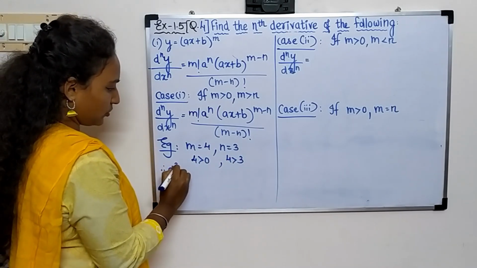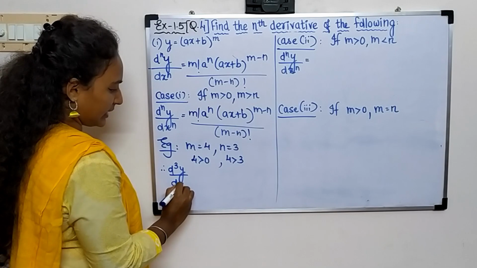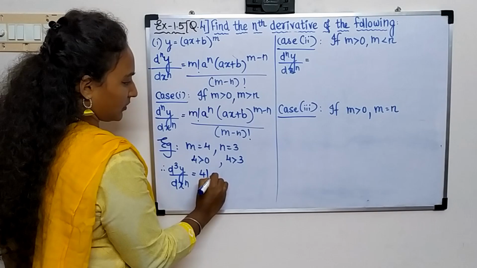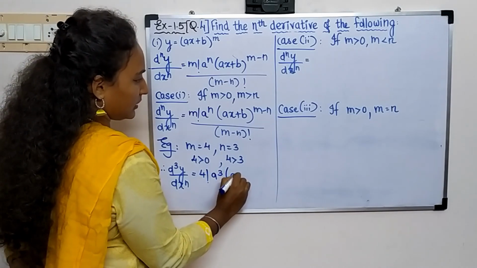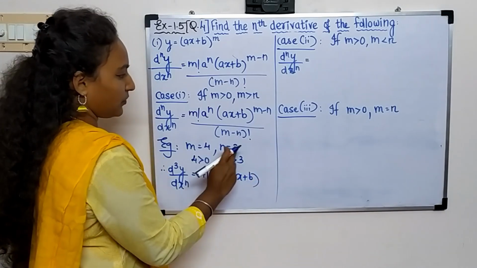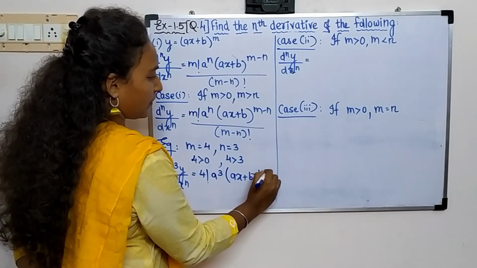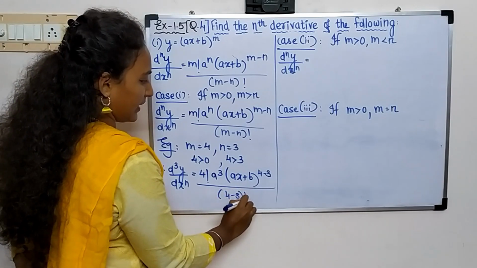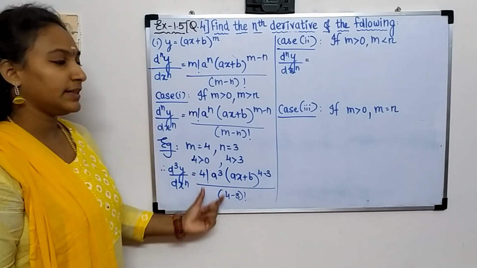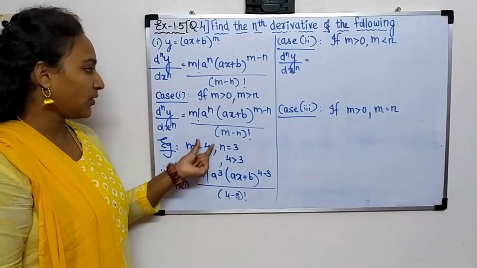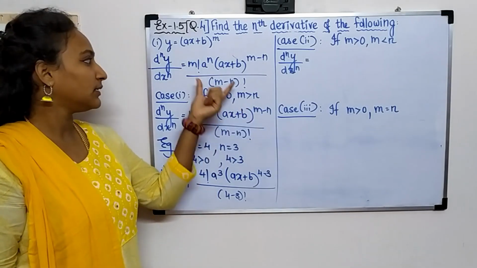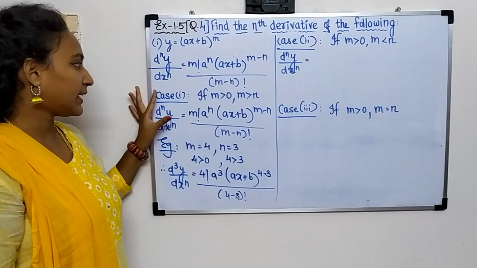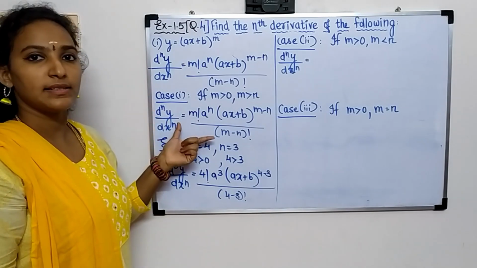Therefore, d cube y upon dx raised to n is equal to 4 factorial a cube ax plus b raised to 4 minus 3 upon 4 minus 3 factorial. Okay. In this way we can solve. So for m greater than 0 and m greater than n, this formula will work. That is, the nth derivative will work. So the case for case 1, the answer is the same.